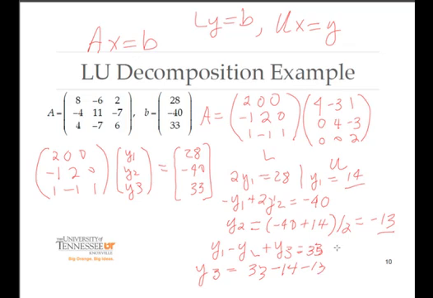And again, there's nothing in front of the y3 here, so we can just read off what the answer is. There's nothing to divide by 3, and we would get this equal to 6.